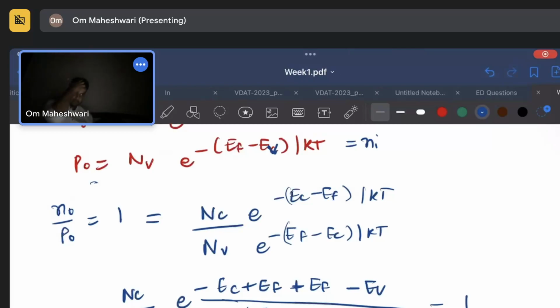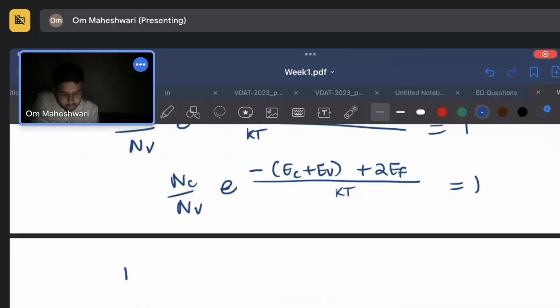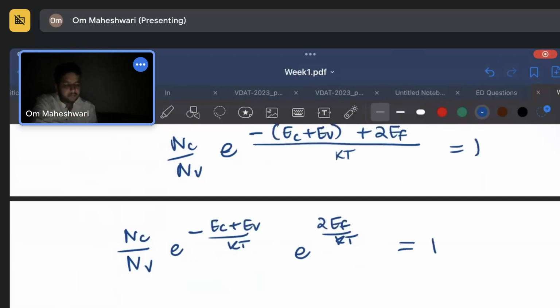Okay, so I can break it down now. nc by nv e to the power minus (ec plus ev) by kt, e to the power 2 ef by kt equals 1.